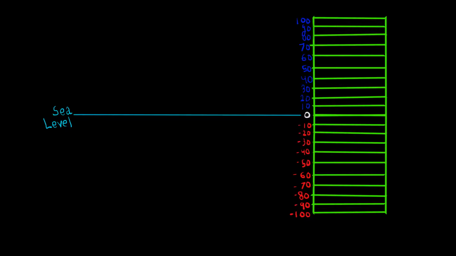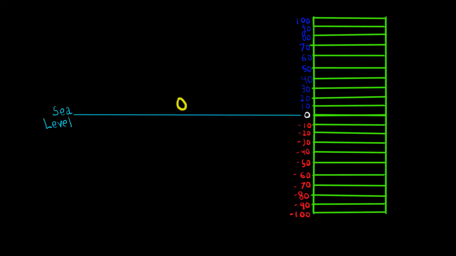So to start off with a basic example, let's imagine we are in a fancy hotel in which part of the hotel is above sea level and part of the hotel is below sea level. At the starting point, when we go to the lobby, we're not above sea level or below sea level, we're just at the benchmark 0.